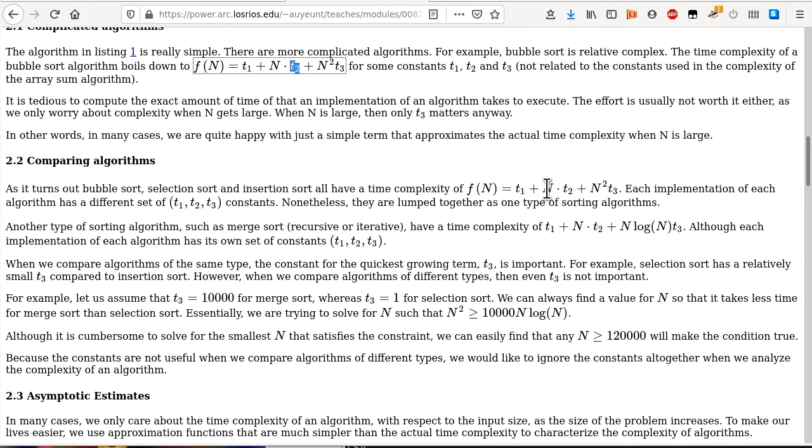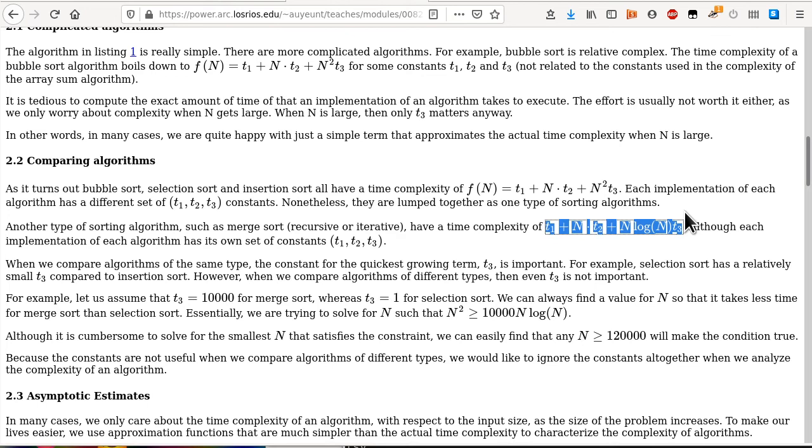We don't even want to know that there's one component that is proportional to n, because if we have a time complexity f of n that is like this, which is bubble sort, and then we have another time complexity that is like this, which describes a whole big variety of sorting algorithms, including merge sort, heap sort, and stuff like that, then we go like, well, do we really need to know what T1, T2, and T3 are in each case? And the answer is no, we don't need to do that.